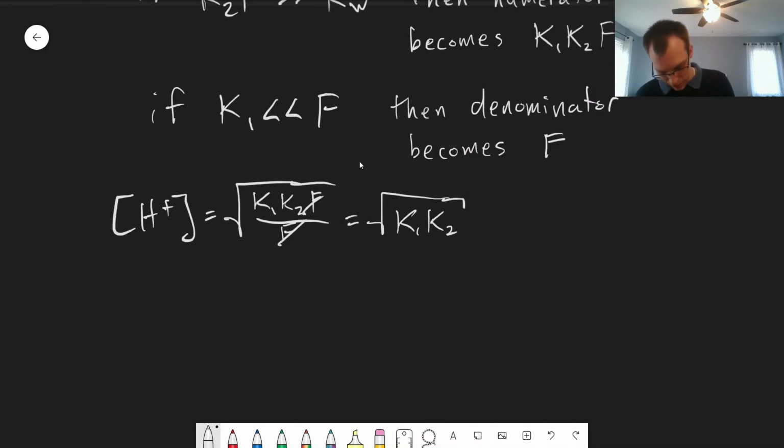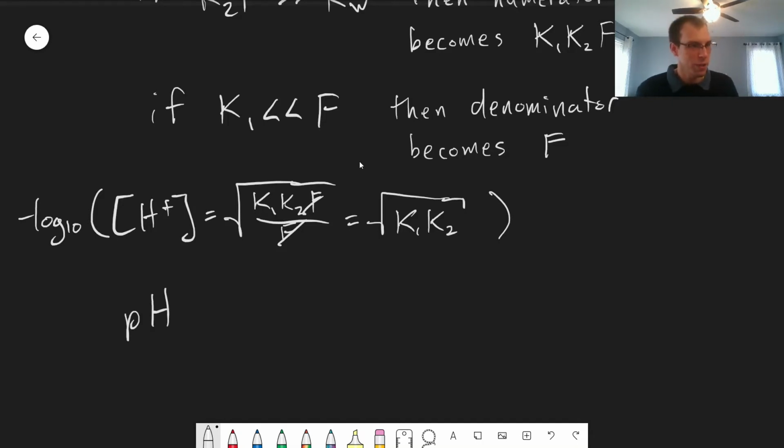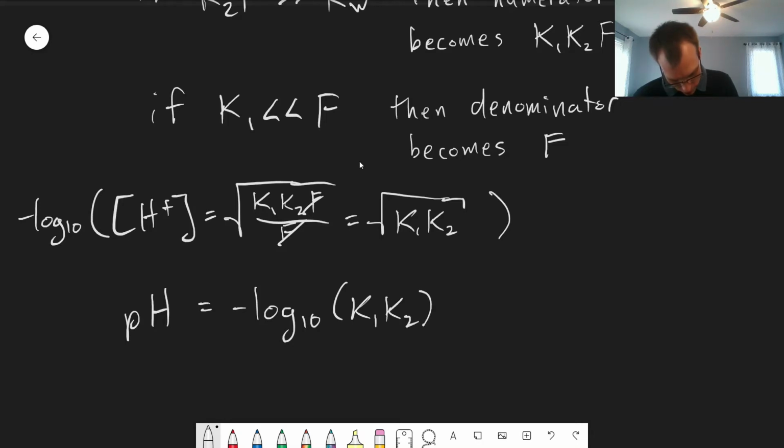If we take the negative log base 10 of both sides of the whole equation, we'll get pH on the left-hand side. That's the definition of pH. And then we'll get negative log base 10 of K1, K2 to the 1/2 power.